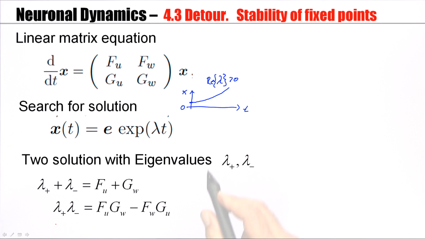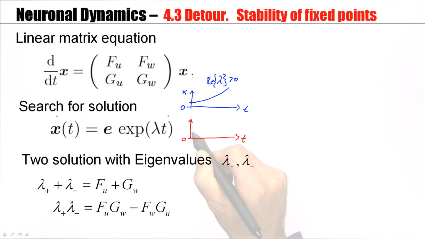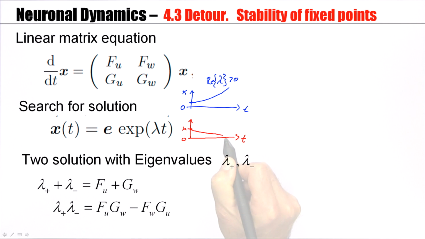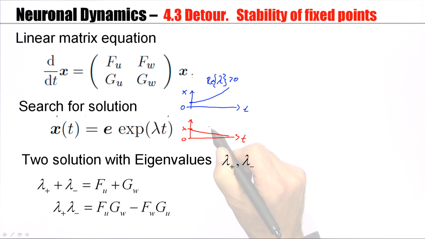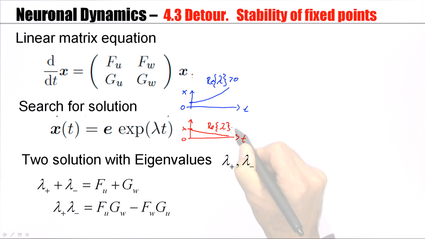Or it could be that I start a little bit away from the fixed point at 0 and I go back to the fixed point. That corresponds to the case that this lambda exponential approach and the real part of lambda is smaller than 0.